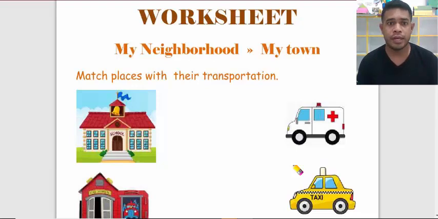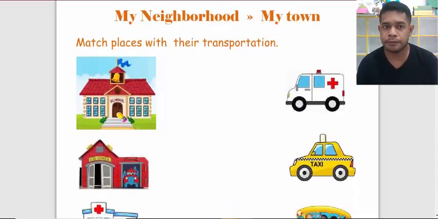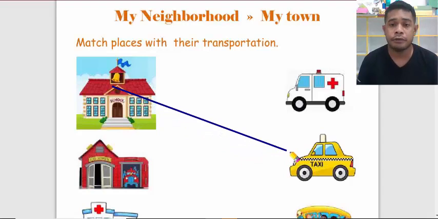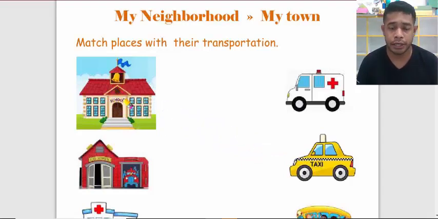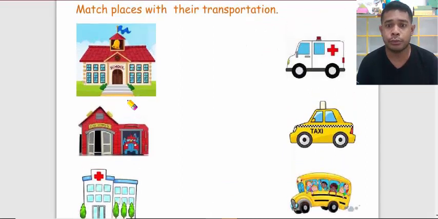So the first question type is matching, and all you have to do is put the cursor right to the picture, and then make a line to the right pair. So for example, school, here I need to find the right transportation for the students to go to school.